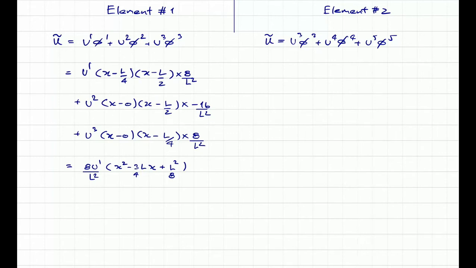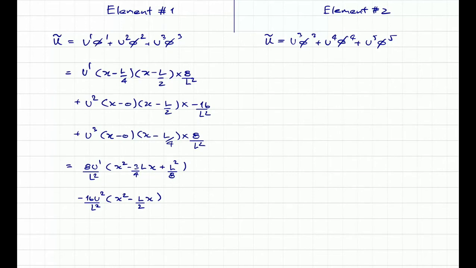And then minus 16 u2 over L squared times x squared minus L over 2 x.